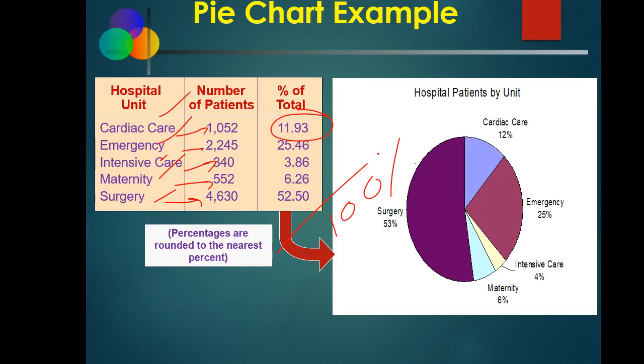A pie chart is basically a circle. So we have about 53% or 52. One thing more: if you have percentages in decimals, then round to the nearest percentage. So 52.5 will be converted to 53%.